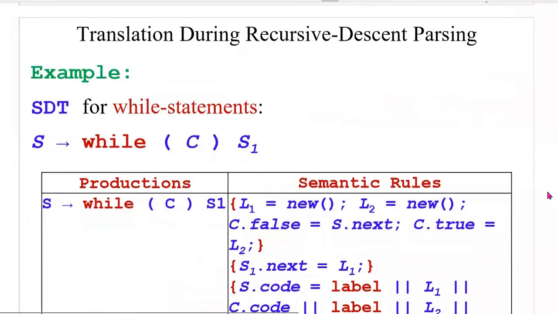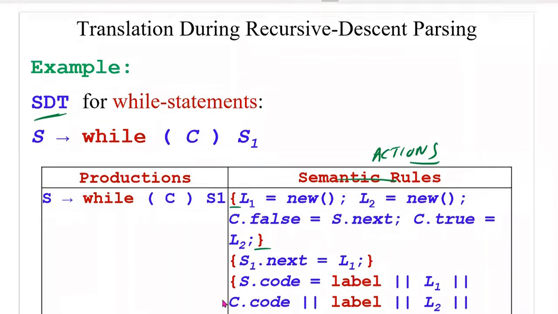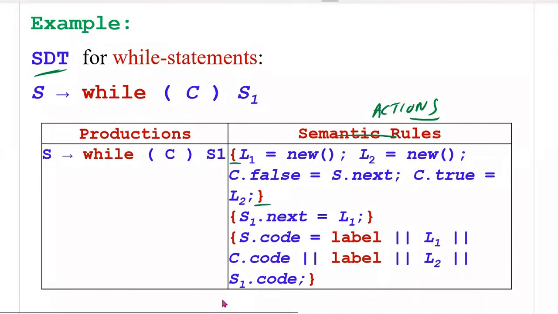But because recursive descent parser means defining methods, the same SDD, enclosed within curly braces, now becomes semantic actions. Why? Because this is the SDT for the same while statement. Now here you can see L1 equal to new, L2 equal to new, C dot false equal to S dot next, C dot true equal to L2.